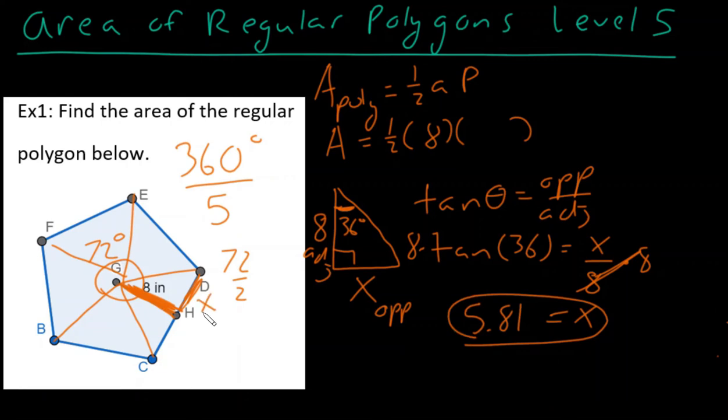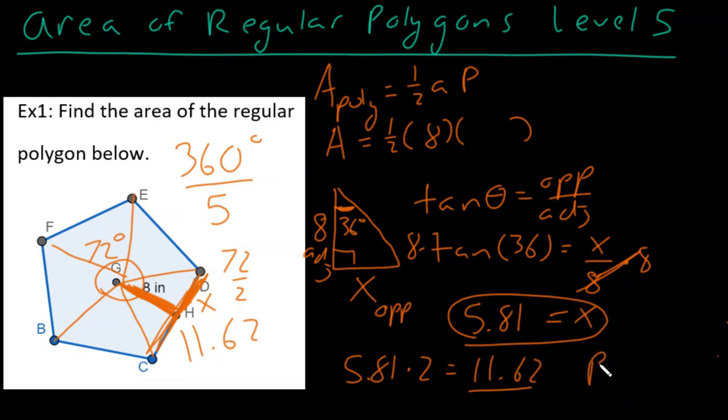But notice that that is only half of one of the sides. So to get to the full side, we'll have to do x times 2, or in this case, 5.81 times 2, which will equal 11.62. Now that is the entire side, 11.62, that we've been missing, and this now allows us to get our perimeter.